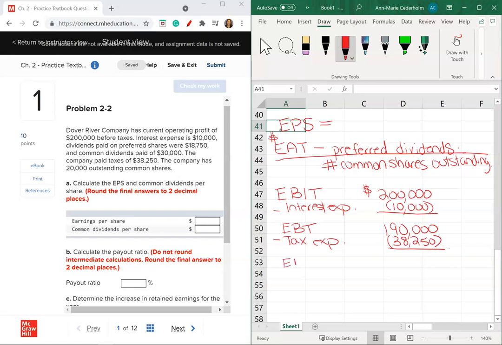When I subtract that from earnings before tax, I get 151,750. So that is my earnings after tax.